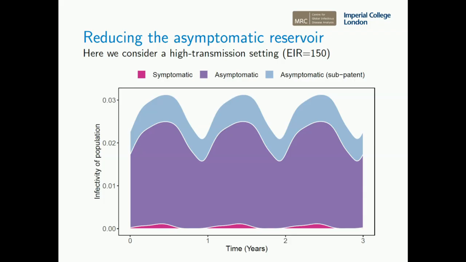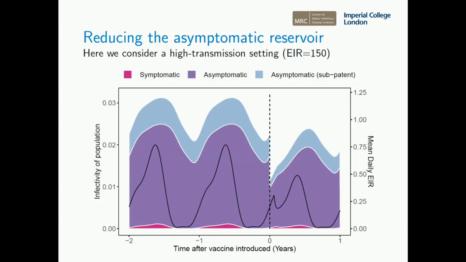The pink area has grown a little bit, but it's these asymptomatic infections that are still dominating the reservoir. So if I introduce a vaccine at about 70% coverage in the population, you can start to see that a TBV could really put a dent in the asymptomatic reservoir of infection.